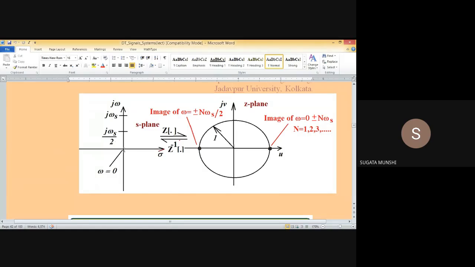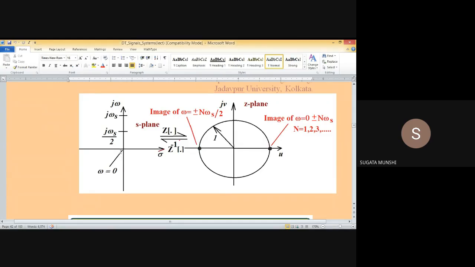So corresponding to that point, we are sitting here on the circumference of the unit circle centered at origin in the Z plane. Here along the real axis, it's unit distance away. So that is the image of that point, the origin in the S plane, because corresponding to the origin in the S plane, Z will be 1 with argument 0. All right. So this is the location.